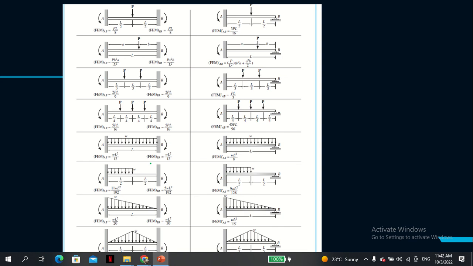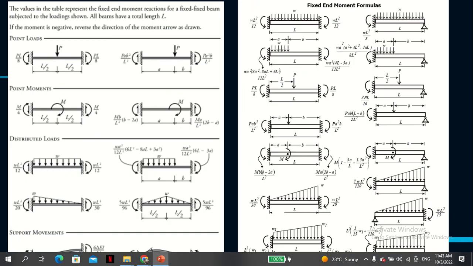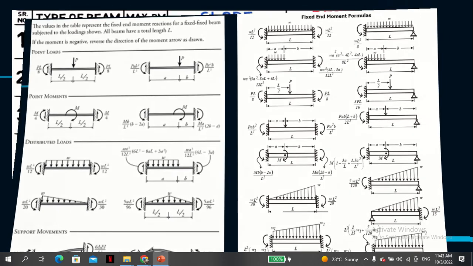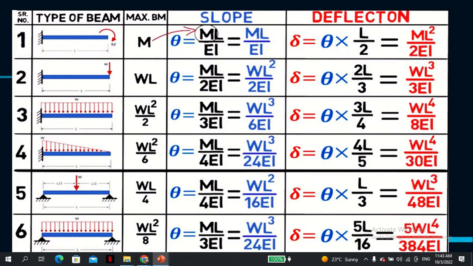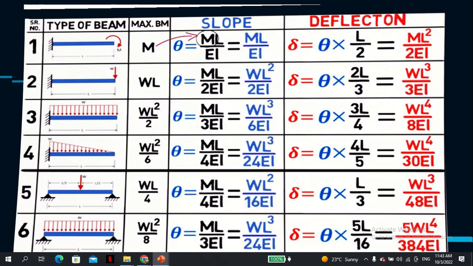So these tables should be your friends. These tables, if required in the exam, will be given to you, so no need. You only need to understand the implication, what it means, or how to use them. These are the tables I was telling you about in the previous topic. If you're supposed to calculate a displacement, you don't need to waste a lot of time. Just know how to substitute in the formula.